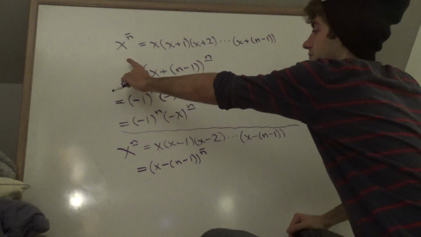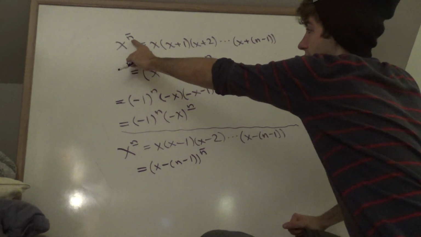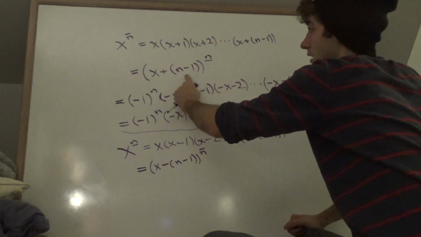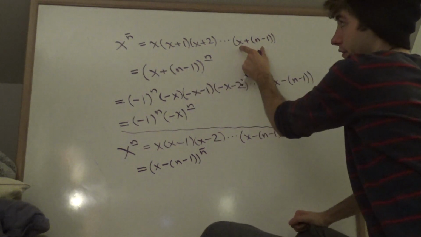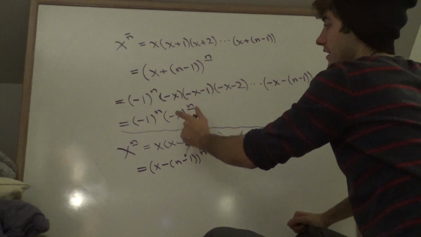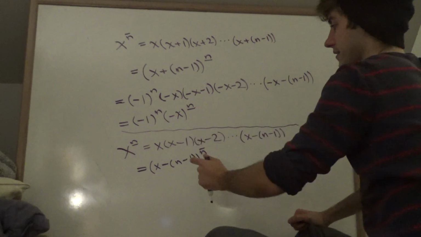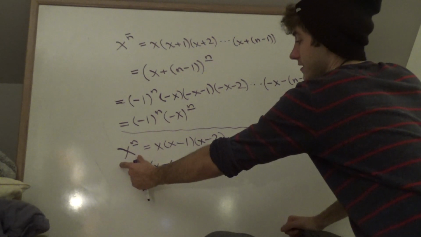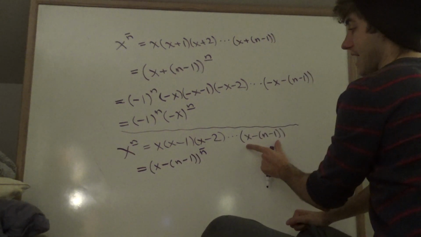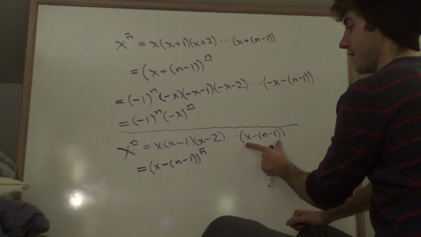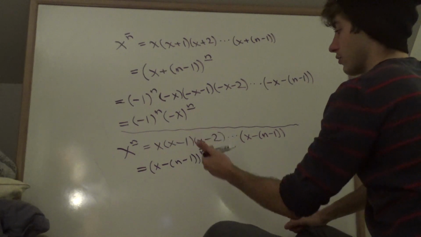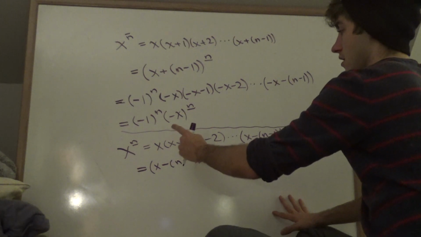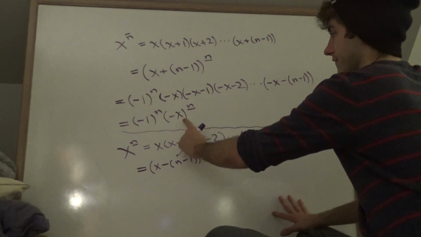So we can reframe them in two different ways. We can reframe the nth rising factorial of x in terms of the nth falling factorial of the end result of the rising factorial, or we could rewrite it in terms of the nth falling factorial of negative x. Similarly, we can write the nth falling factorial of x in terms of the nth rising factorial of the last step of the falling factorial, or we could similarly write it in terms of the nth rising factorial of negative x.